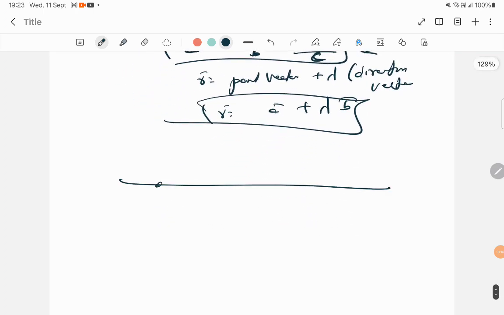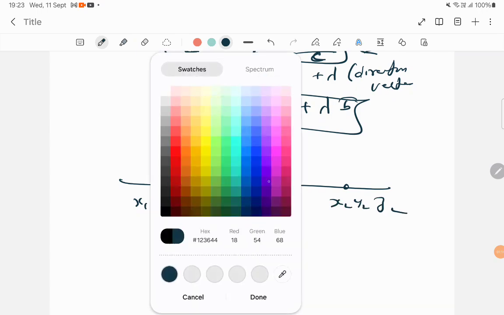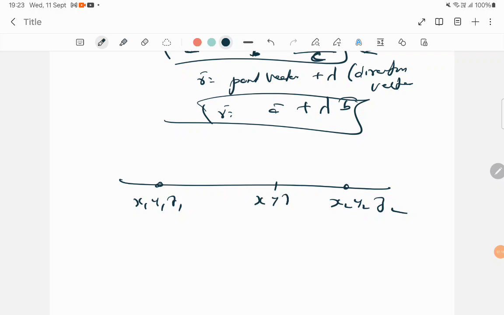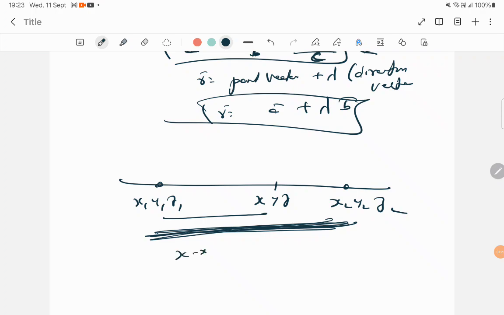Supposing there is a line passing through 2 points, x1, y1, z1 and x2, y2, z2. Consider an arbitrary point here, which is x, y, z. This line is parallel to this line, no? So this is almost like a direction. So it's (x minus x1) by (x2 minus x1) is equal to (y minus y1) by (y2 minus y1) is equal to (z minus z1) by (z2 minus z1) is equal to lambda.